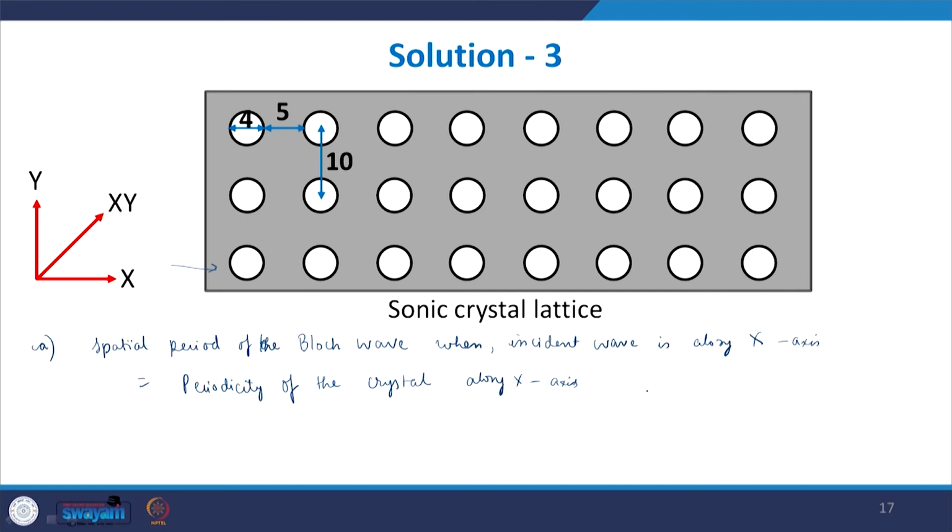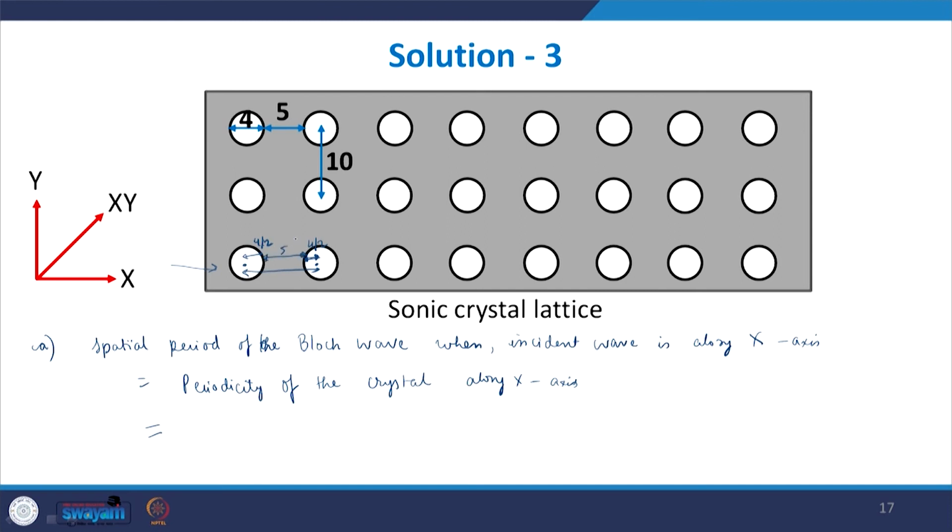And what is the periodicity of the crystal along the x axis? If you see here, what is the distance after which this particular arrangement repeats the pattern? This is going to be 4 by 2. This is a radius, so the diameter is 4, so this distance will be 4 by 2, this will be 4 by 2, and this will be 5.